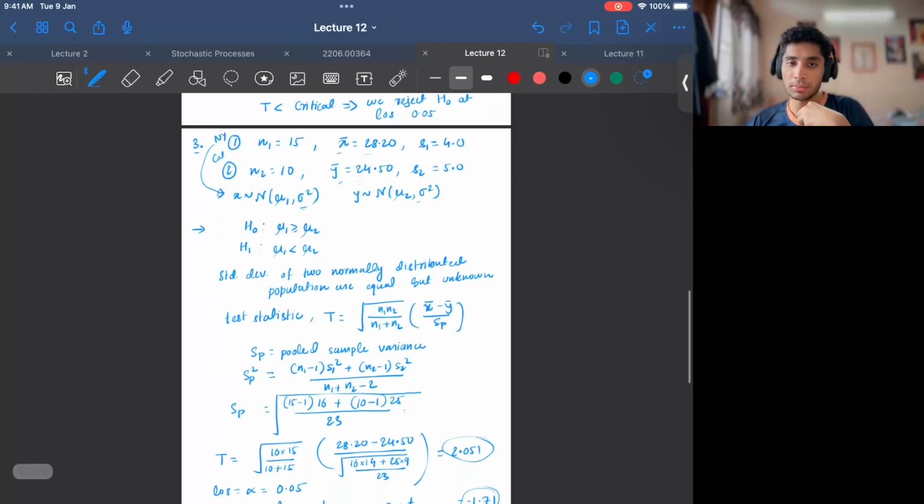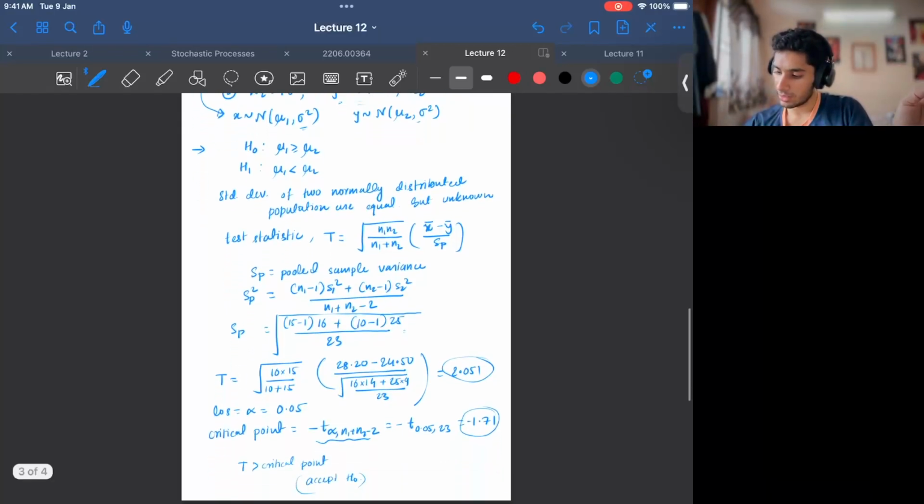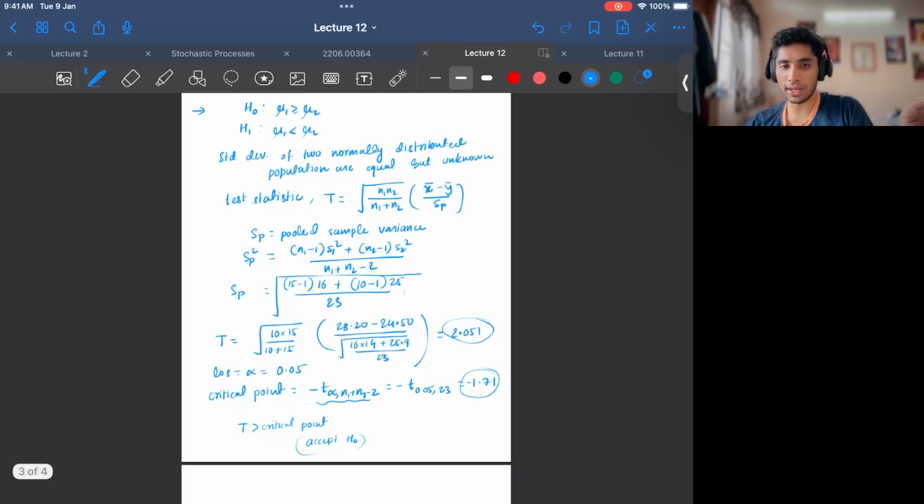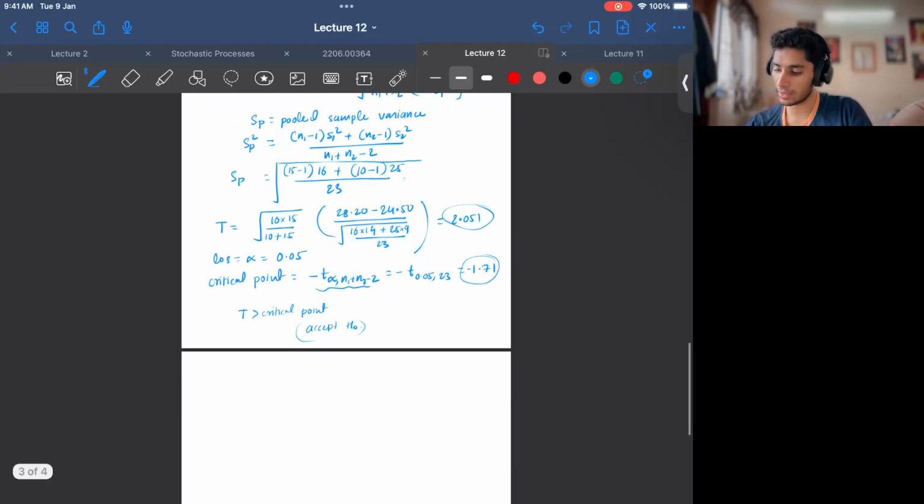In the third problem, you had two populations and had to compare their means. But essentially, you had to compute the test statistic, compute the critical point, check if the critical point is greater than or less than the test statistic, and then accept or reject the null hypothesis. Simple, right?